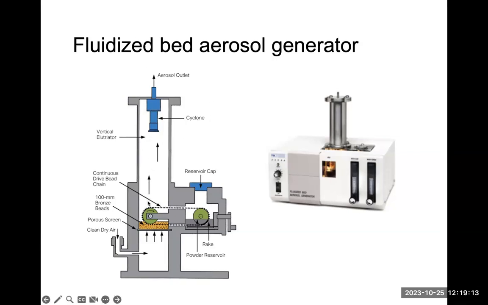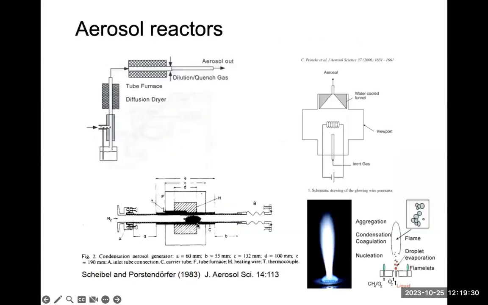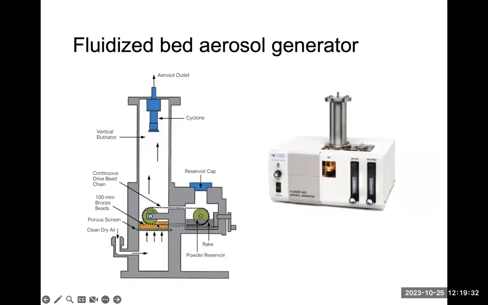They suspend these dust particles into the chamber and get them further generated. The advantage of the fluidized bed aerosol generator is that you can control the feed of the dust you put into it. Basically, you can control how fast the rake moves, and further control how much particles you put into the generator.